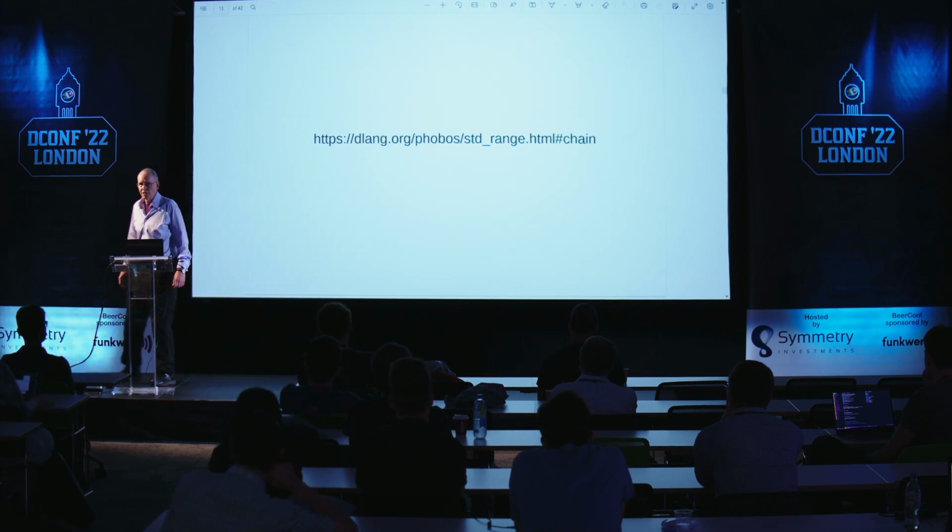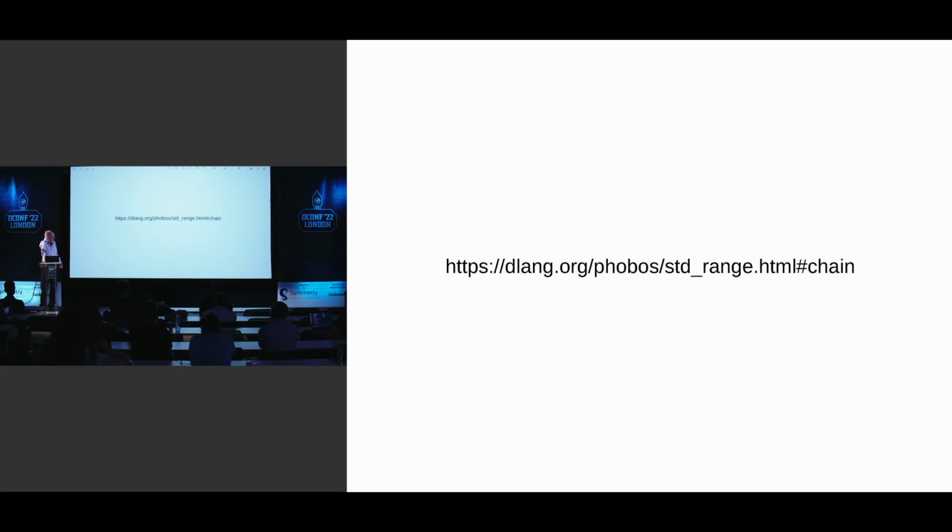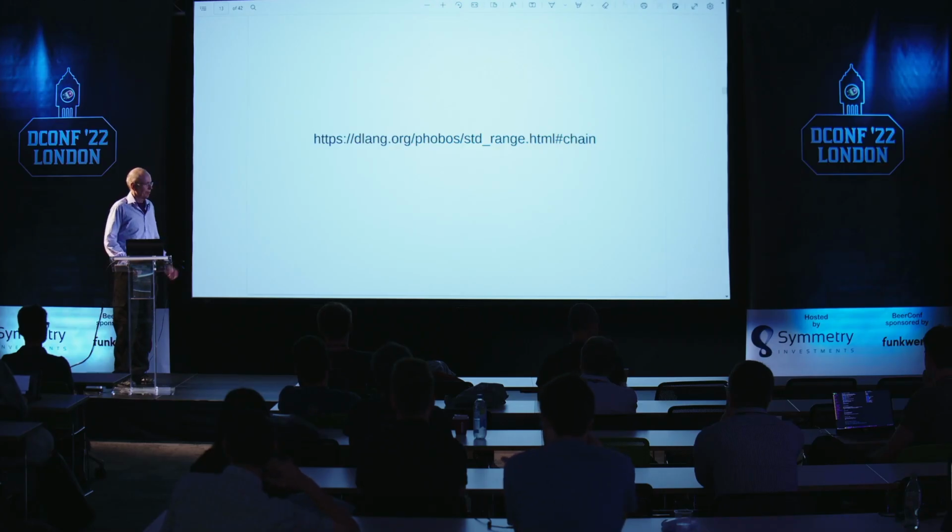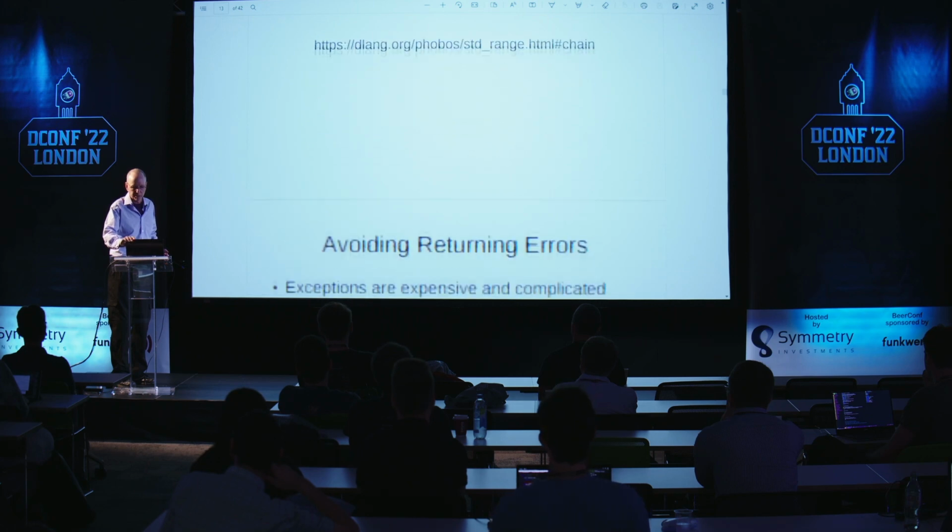And so the whole thing operates without allocating memory. And here's the link to the documentation of where the chain is. Not many people use chain. I think it's one of the most underappreciated tools in the Phobos standard library. But by using it to avoid allocating memory, chain is ideally suited for Voldemort types.